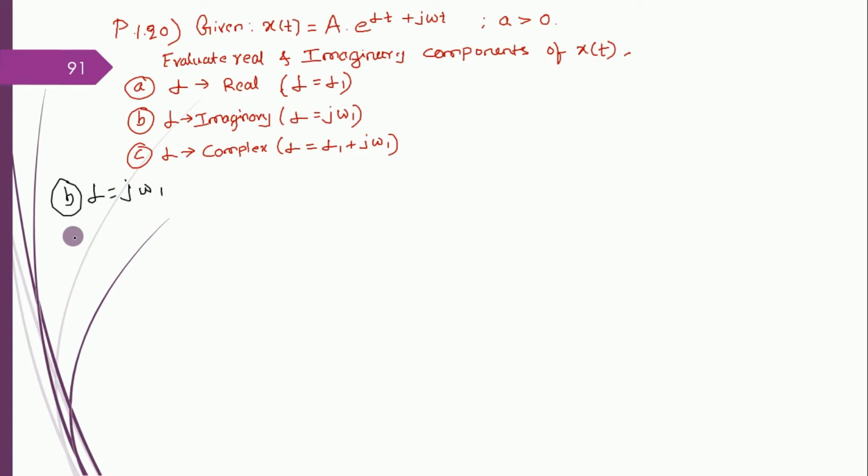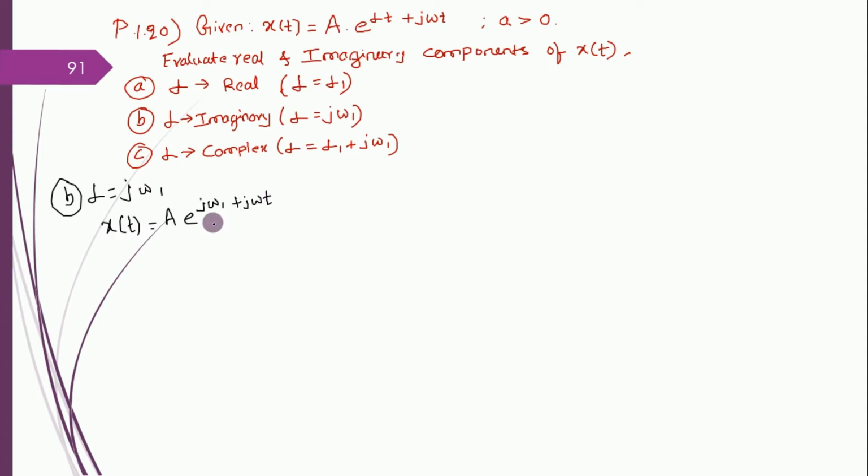Quite simple. What you are supposed to do is take the signal x of t equal to A into e raised to, in place of alpha I'll be substituting j omega 1 t, plus j omega t.